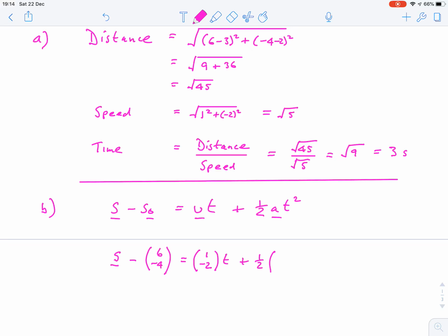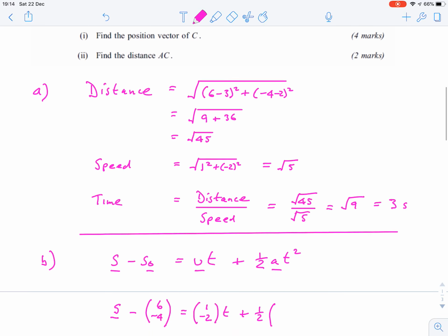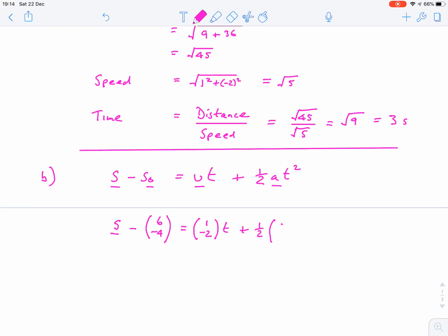The acceleration was given as 2j meters per second squared. So that's 0 in the i direction and 2 in the j direction. And that's multiplied by t squared.